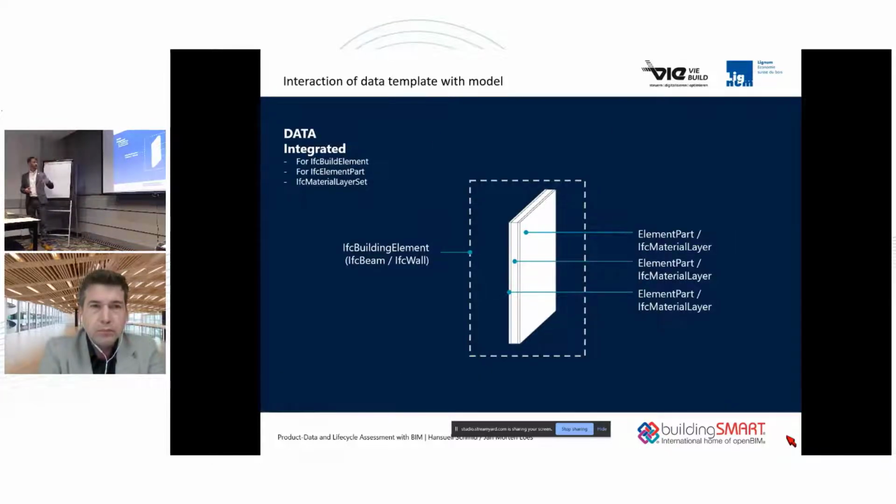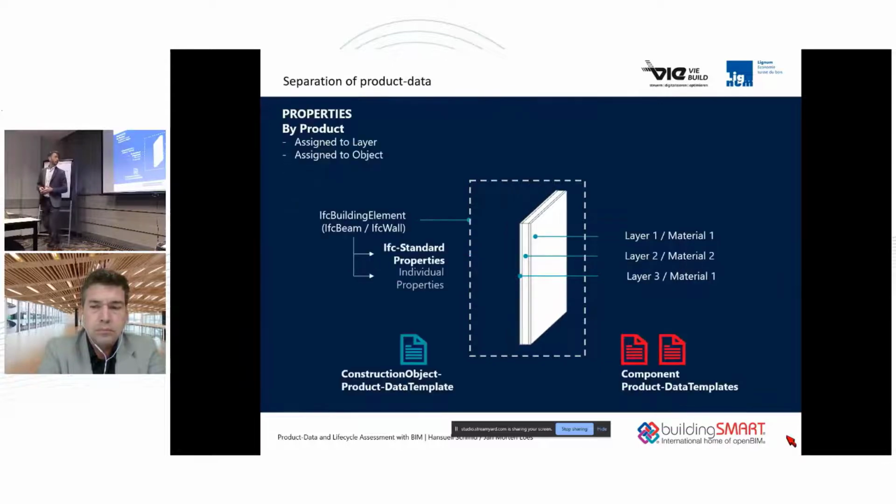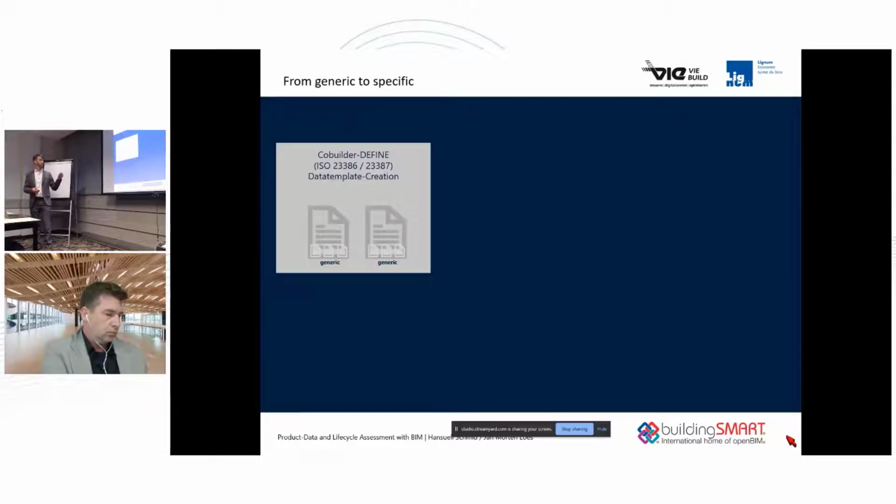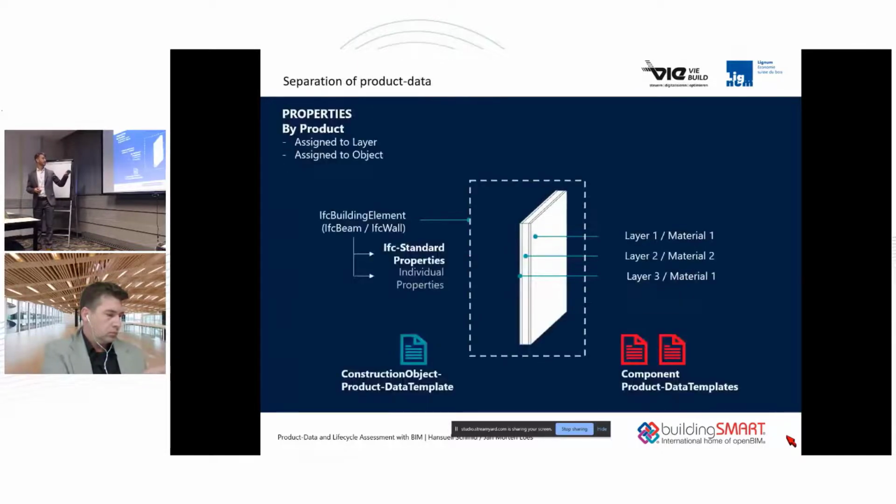Here, for example, if you take a wall, it might consist of this inner load-bearing layer, and coverings, and all those are different parts. They can, for example, be defined by IFC material layer. But they can also be component parts. So, next one, please. Yeah.